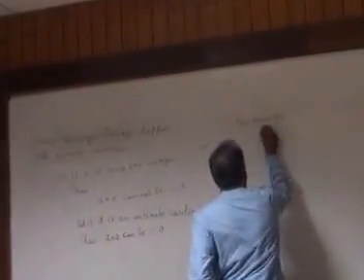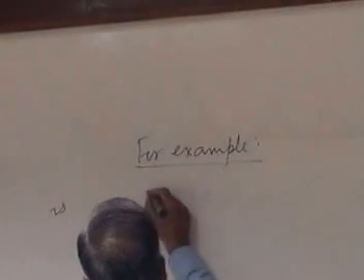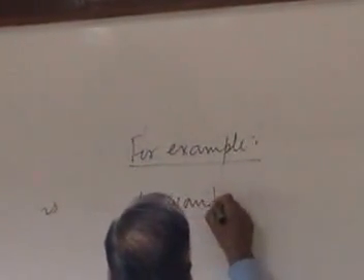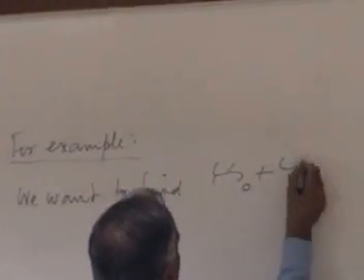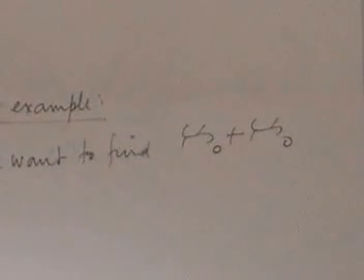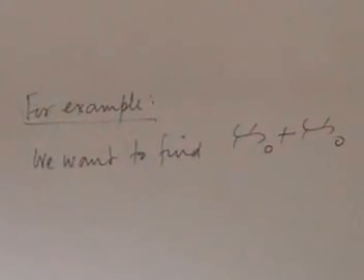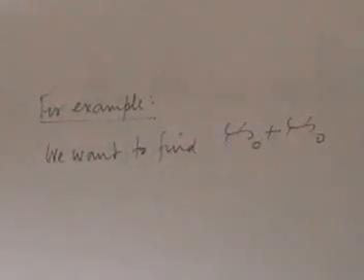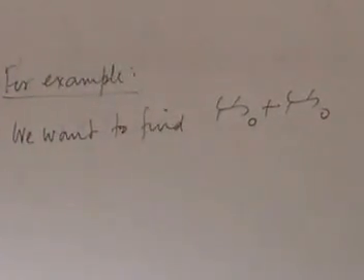Now I will faithfully follow the definition of addition. Say we want to find Aleph naught plus Aleph naught. What is the definition? I have to find a set A which has cardinality Aleph naught, and another set B, disjoint from A, which has cardinality Aleph naught, take their union and find its cardinality.